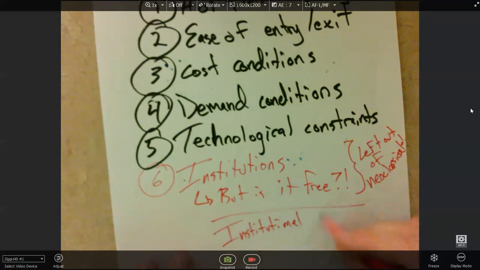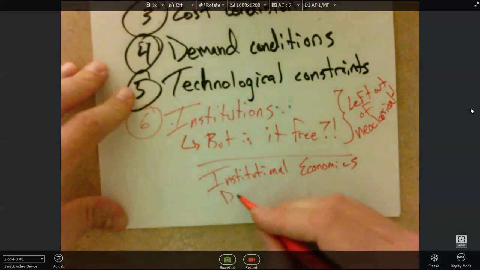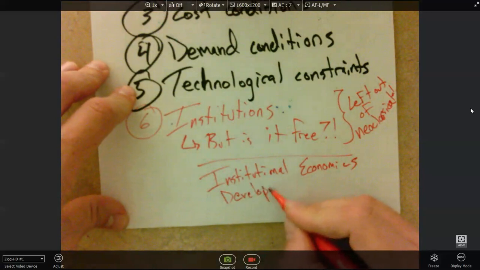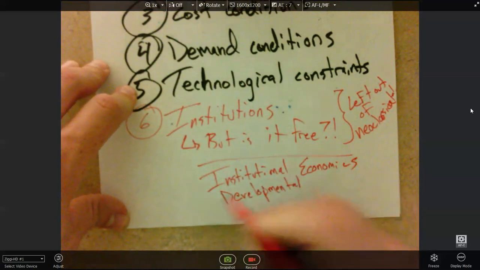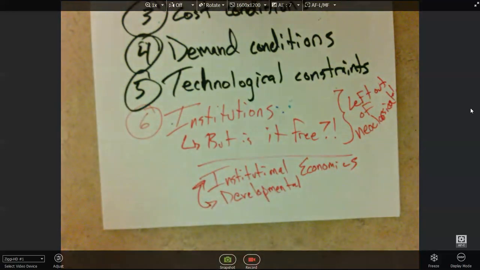Which is tied in a lot with developmental economics, because oftentimes the countries, it's not always, but they're often intermingled, because it's not just the demand and the technology and the cost.